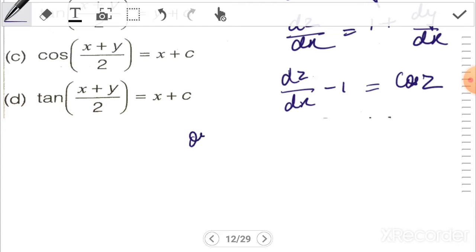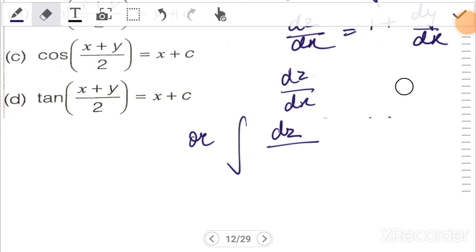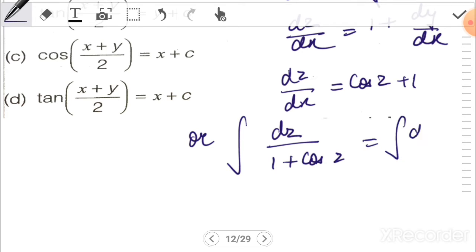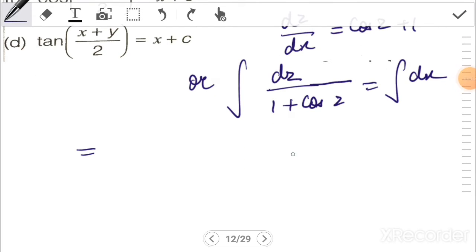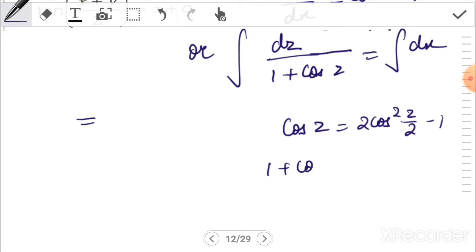Now integrating both sides, dz by 1 plus cos z is equal to dx. We know that cos z is equal to 2 cos square z by 2 minus 1, or 1 plus cos z is equal to 2 cos square z by 2, right?